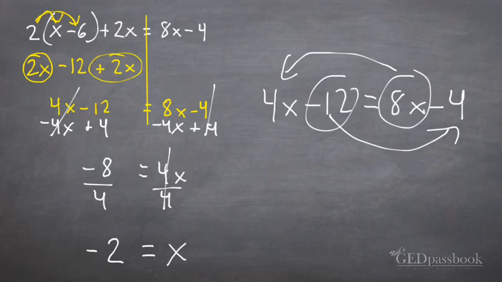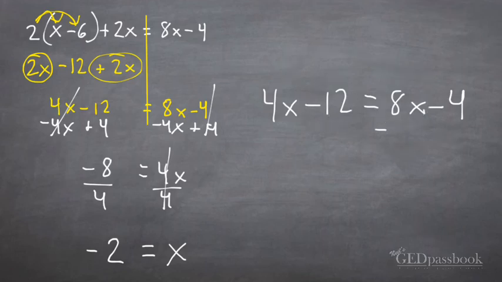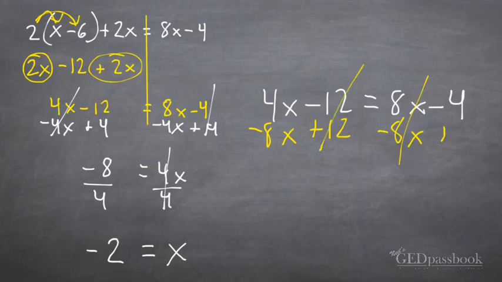How about we do this one? What if I do move the 8x over there by minusing 8x? Cancels out. And then this little guy, the 12, you add 12 to cancel out, to throw it over there. Now you solve. 4x minus 8x, what does that become?